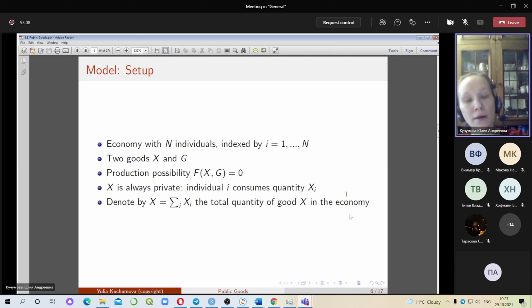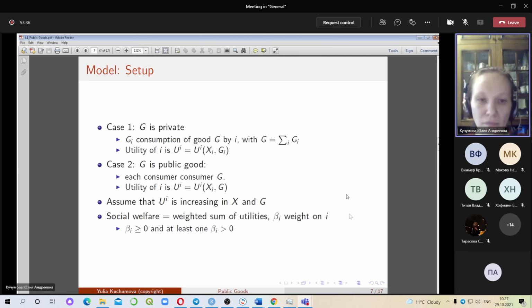Then when we think about X, this will be the good that is always private. An individual i consumes quantity x_i of that good. And we will denote by x without any index the sum of x_i over all individuals, which is basically the total quantity of good X in the economy. We will consider two cases. First, we will think that good G is private.